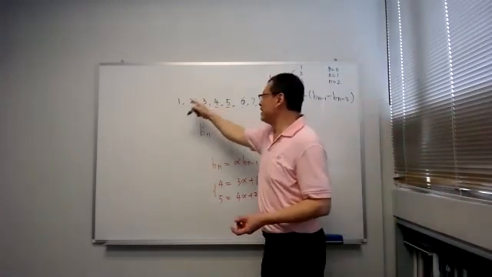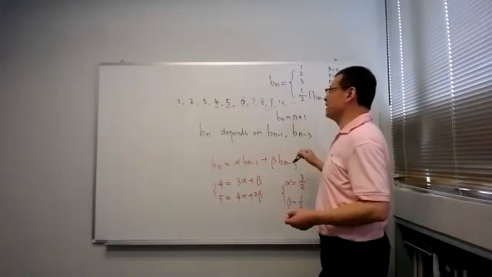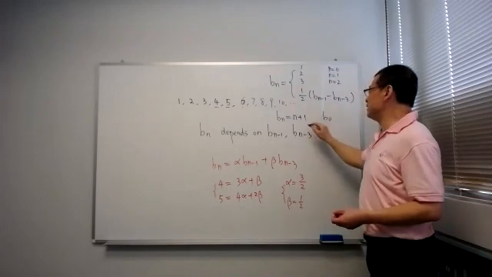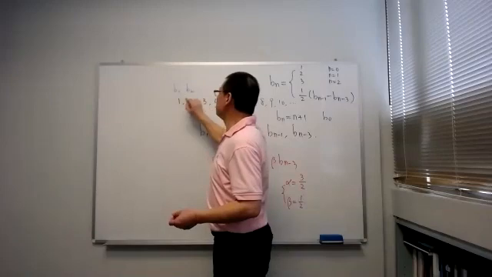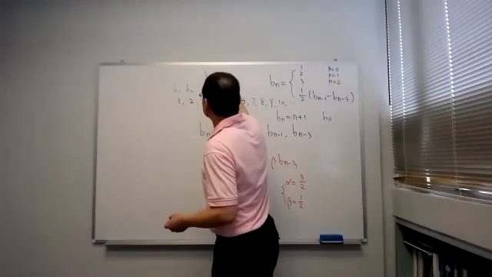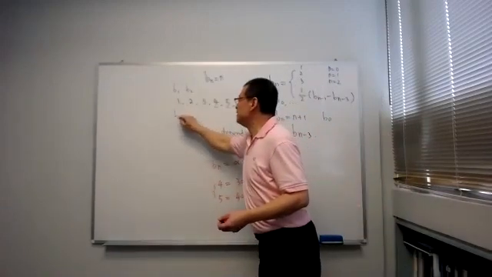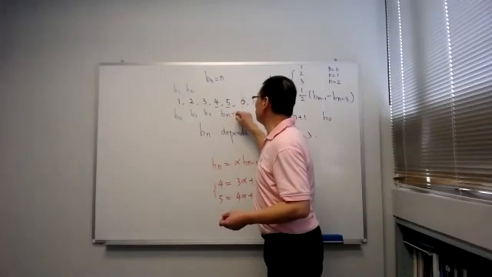If I start with 0, then it should be n plus 1. Otherwise, if it starts with B1, B2, then Bn exactly equals n. If this one is B0, here is B1, here B2, then Bn equals n plus 1.